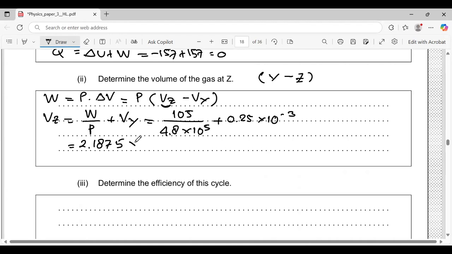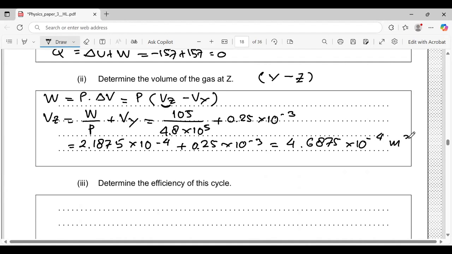2.1875 times 10 to the power minus 4 plus 0.25 times 10 to the power minus 3. And the result is 4.6875. You can calculate by yourself.